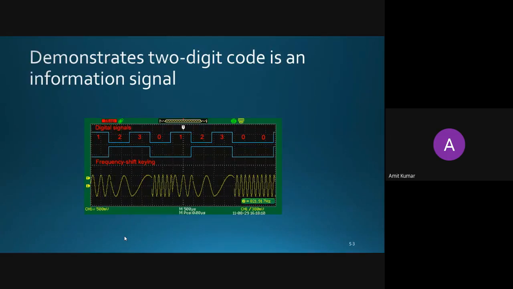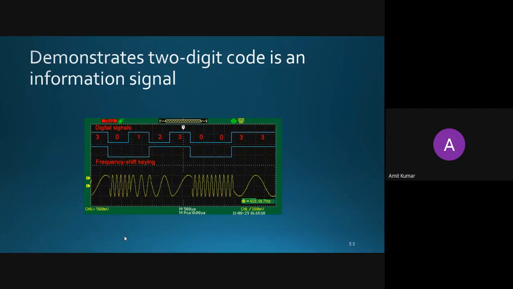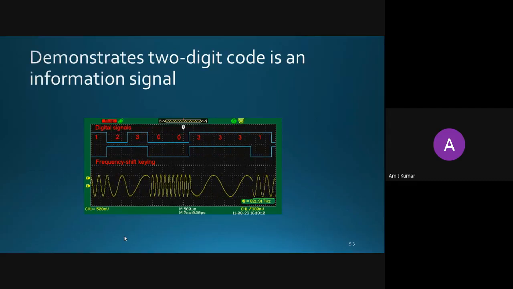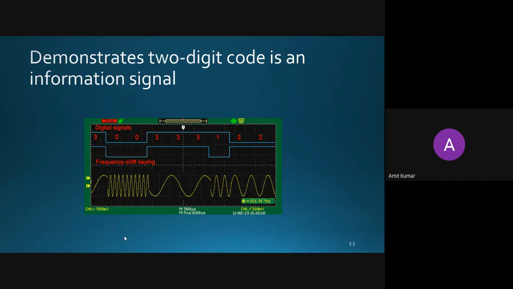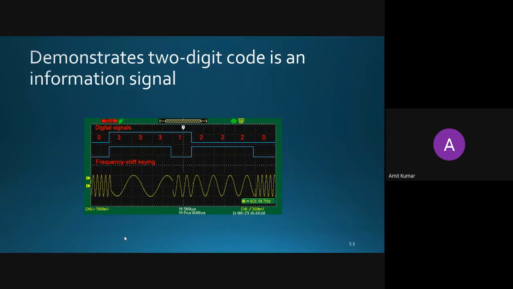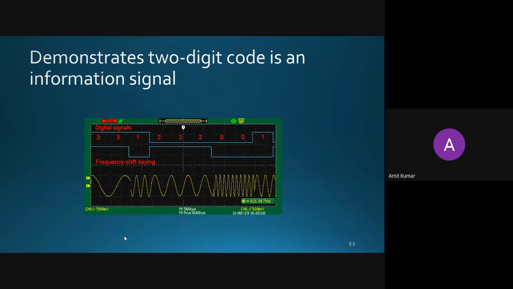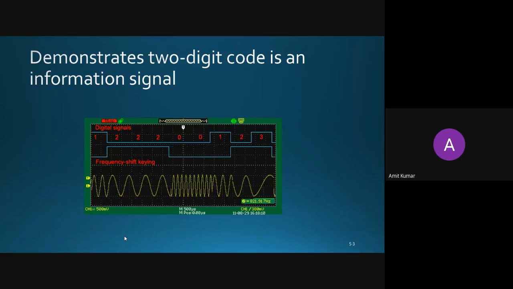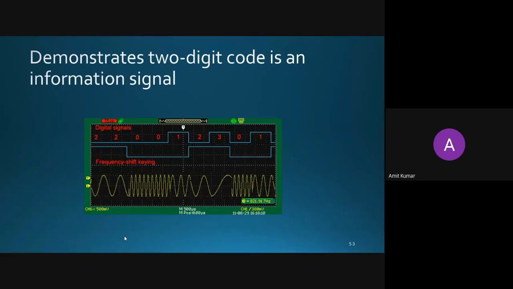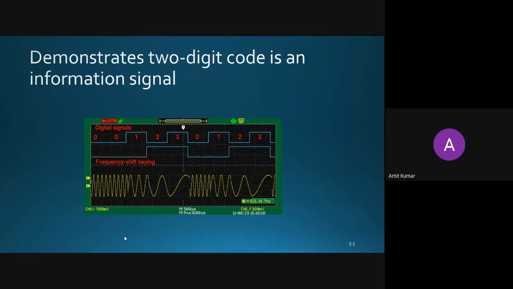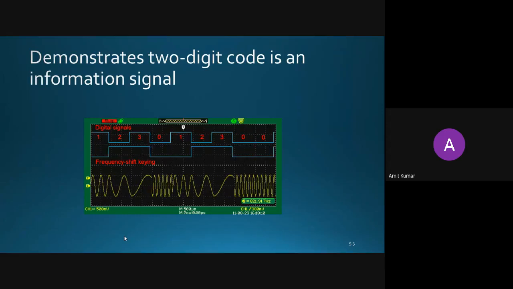Now we will see the demonstration of FSK. Here, if you see, you are having a two-digit code. What does it mean that we have a two-digit code? That means the binary signal which you are receiving is not a single bit; we are having two digits.